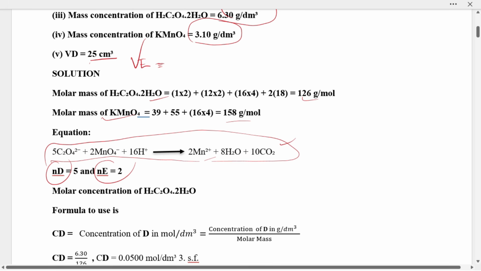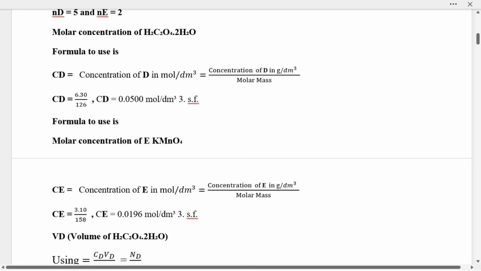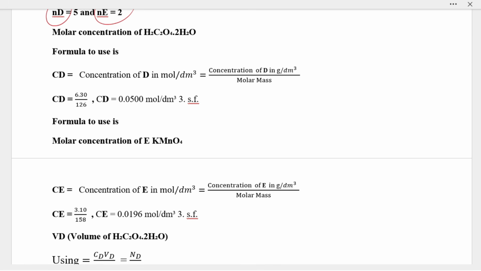So let's quickly look at the molar concentration of this particular reaction. Of course, this one is majorly for tutors. As a student, you don't need this one in your exam tomorrow. Tutors, just pay attention to see how to guide your students. So to calculate CD, the concentration in mole per dm³ of D will be the concentration in gram per dm³ over molar mass.